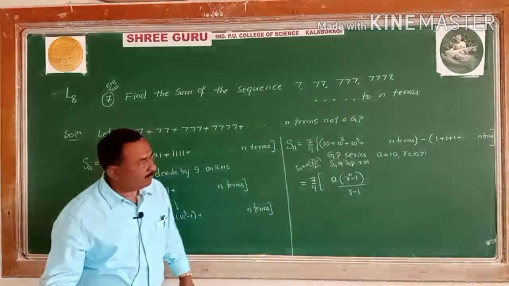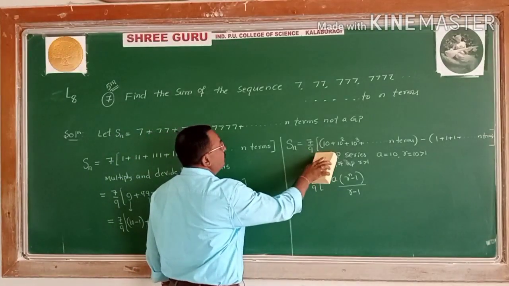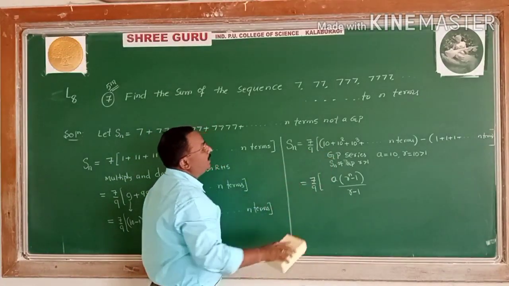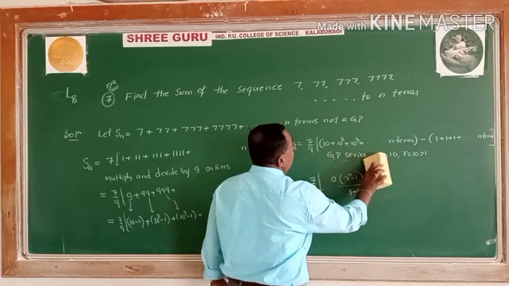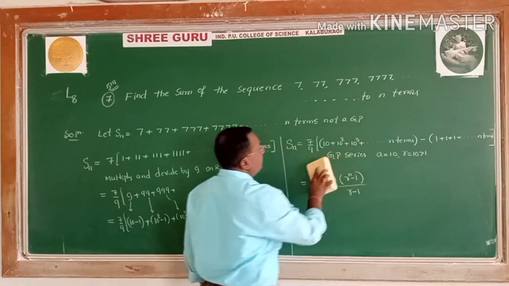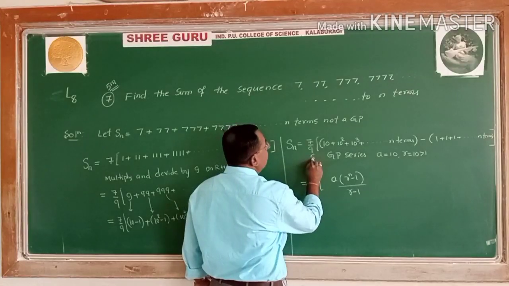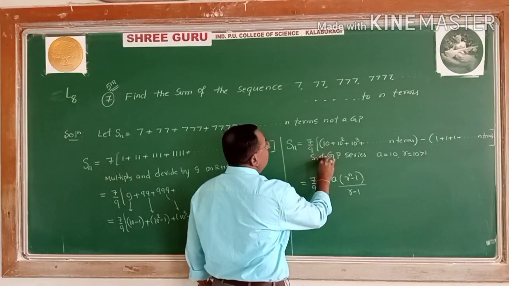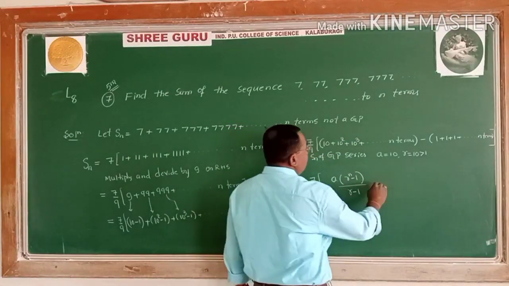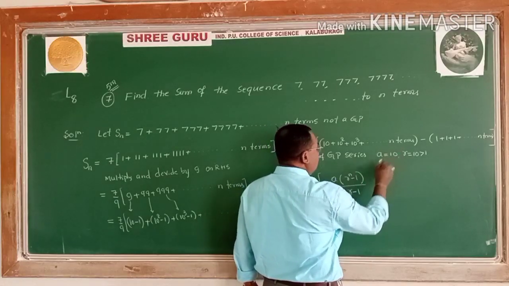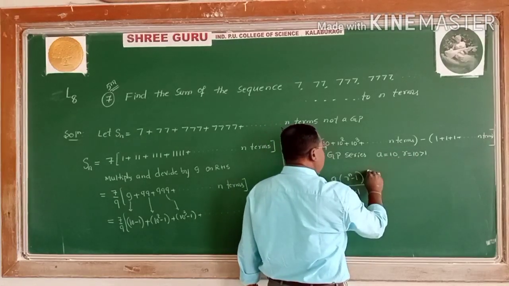That is the formula. Understood? Clear? Here, Sn of GP series.